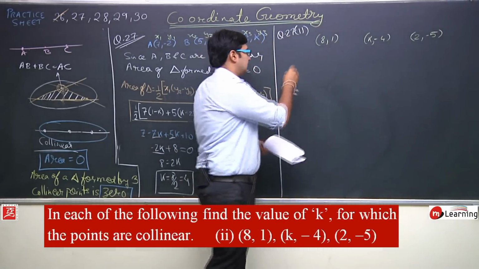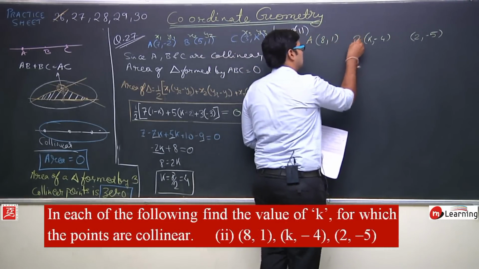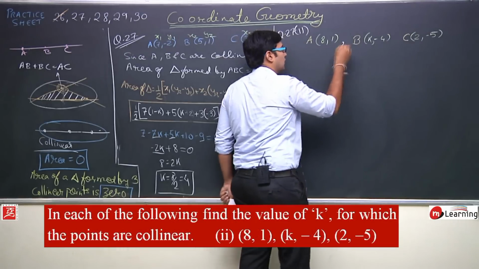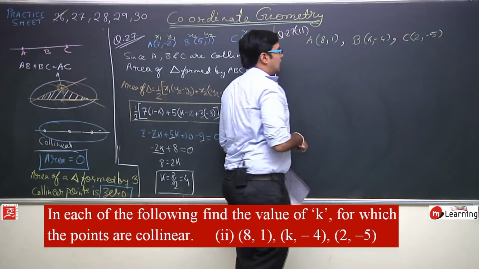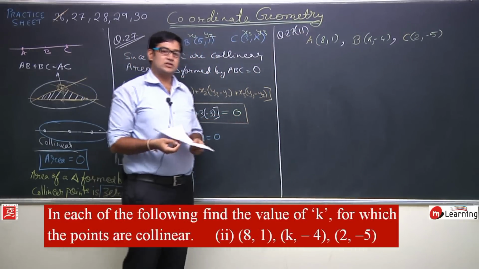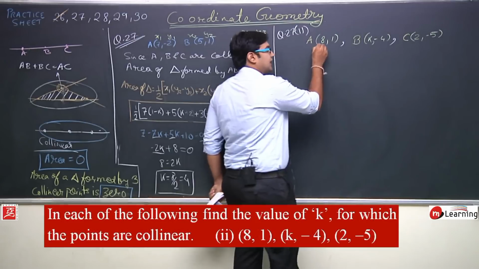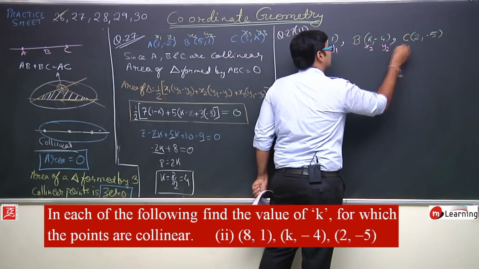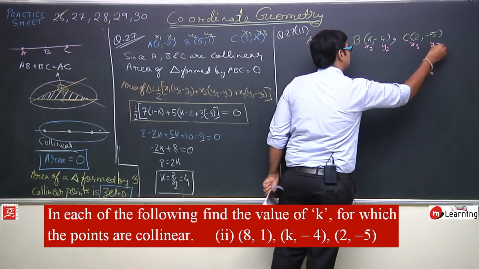So this is A, this is B, and this is C. So we have 3 points. Let us name them as A, B, x1, y1, x2, y2, x3, y3. In any order you can mention them, x1, y1, x2, y2. It doesn't matter. And this is x3, y3.